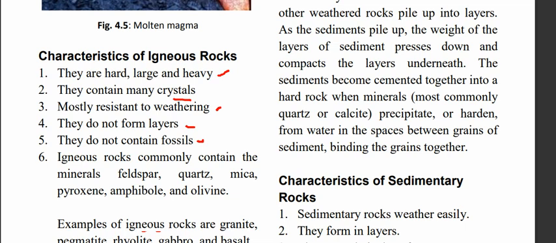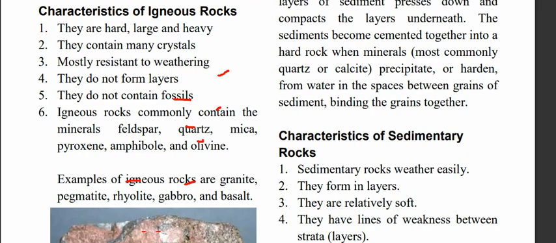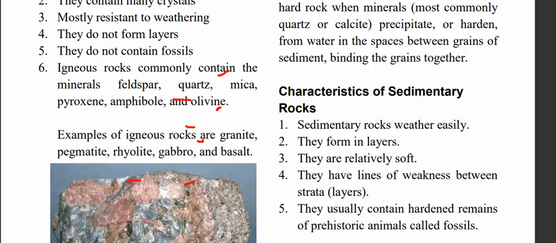Igneous rocks commonly contain the minerals feldspar, quartz, mica, pyroxene, amphibole, and then olivine. All right.